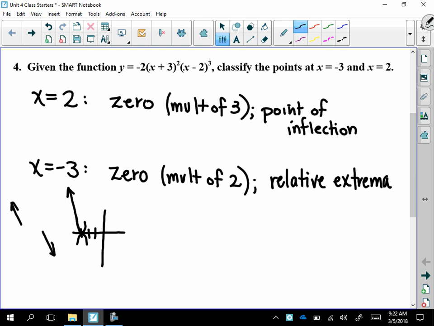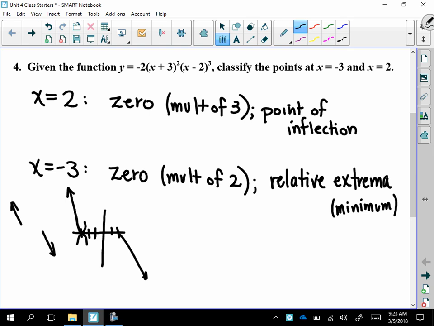So what kind of extreme value do we have at -3? We actually have a minimum there.